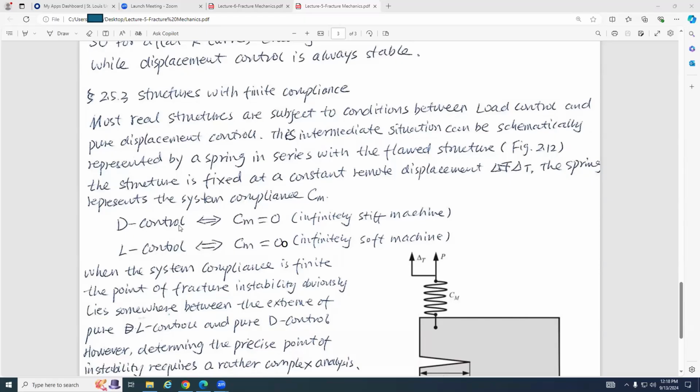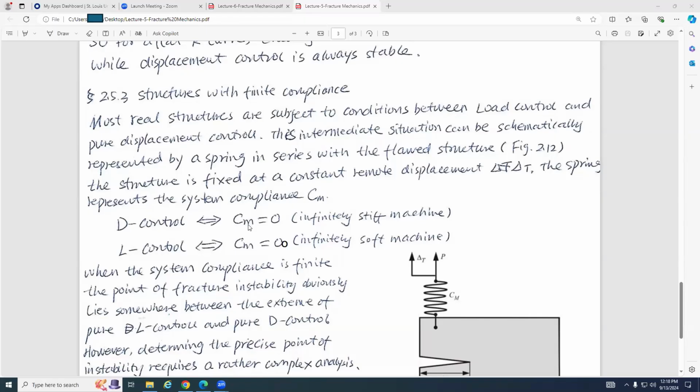For displacement control, CM equals 0. CM equals 0 means that this is an infinitely stiff machine. Why? Because if the crack changes, the displacement does not change.